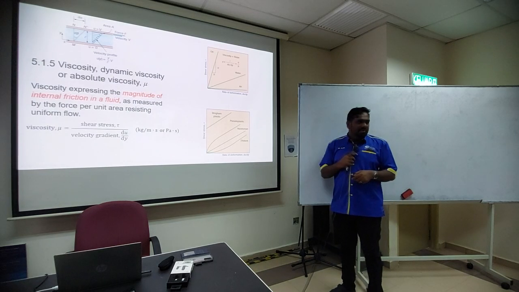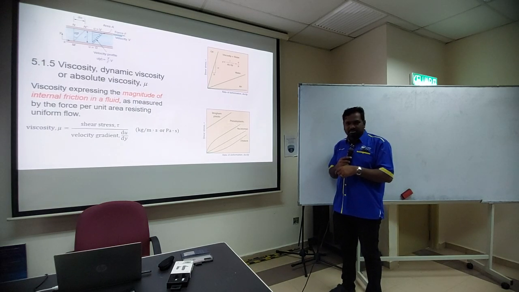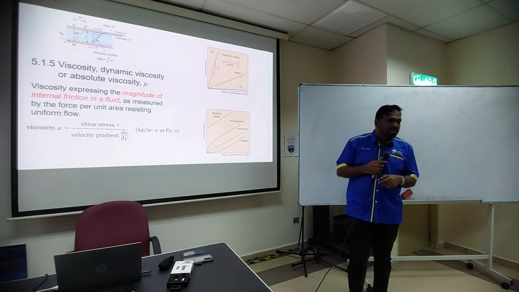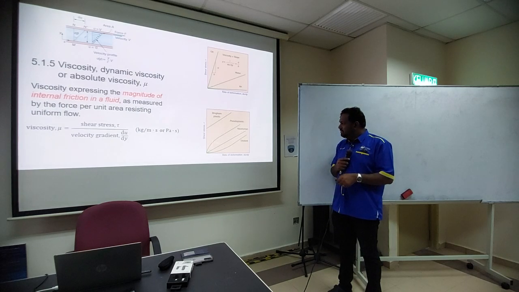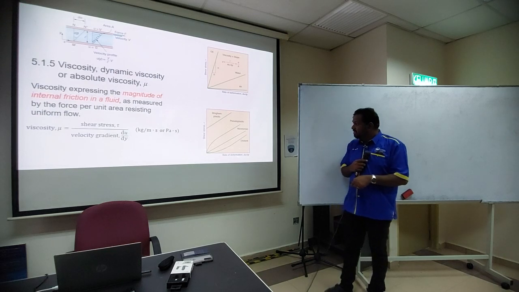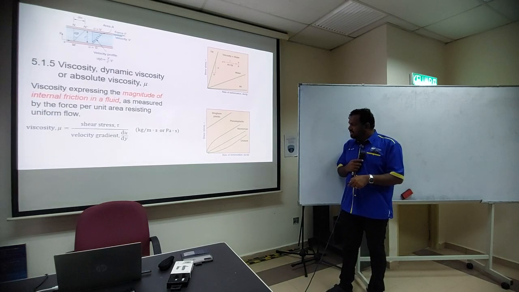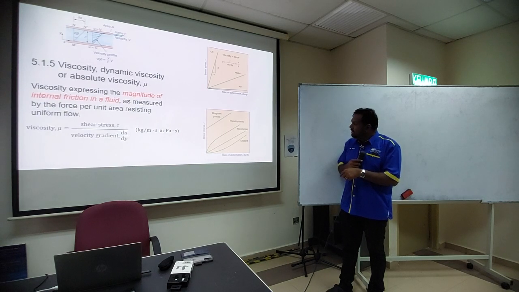I think you still remember Newtonian fluid and also non-Newtonian fluid. We studied them in chapter 2. For Newtonian fluid, we can use the same graph, shear stress over rate of deformation. If it starts from 0 and is a straight line, we call it a Newtonian fluid.